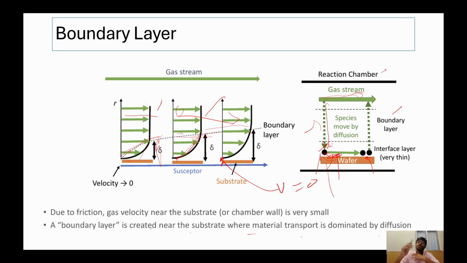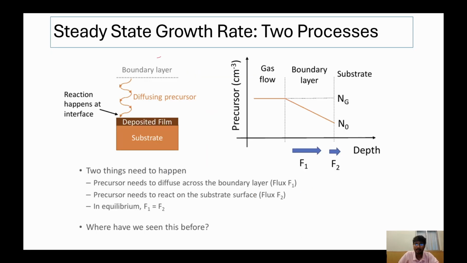That is reaction rate limited, because the reaction is not happening that fast. In the previous case, it was diffusion rate limited, because the precursor was not sufficient at this position. The concentration of the precursor was not sufficient. So these two processes, diffusion and reaction, are happening at the interface.